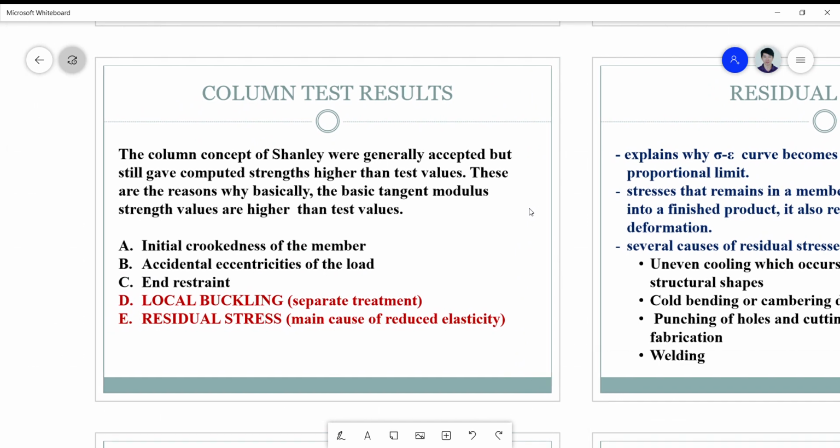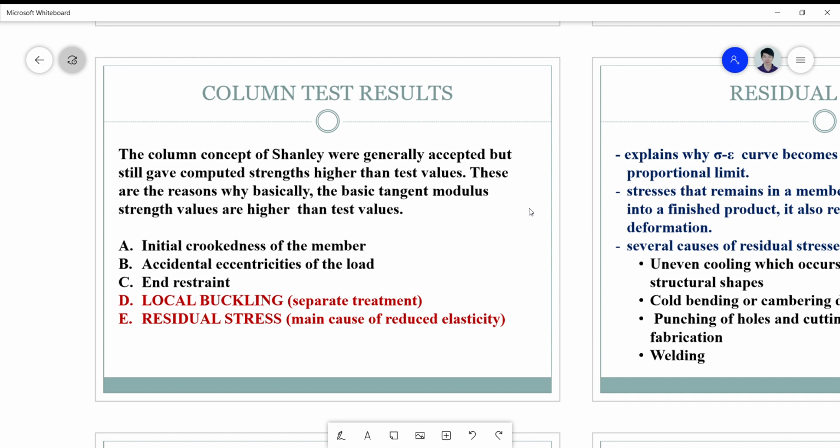For the common column test results, it is now generalized that the concept of Shanley is the one accepted, but it still gives computed strength higher than test values. Such that the value of the basic tangent modulus is now modified a little bit and taken into account by the formulas for ASD and LRFD introduced by the AISC.